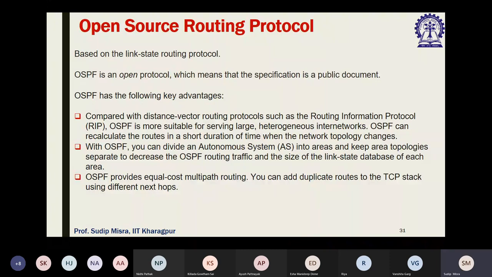So how long is it going to try? OSPF says that it is going to try for 40 seconds. That means 4 into 10 seconds, which is 4 tries. Clear or not? So basically OSPF will try 4 times.